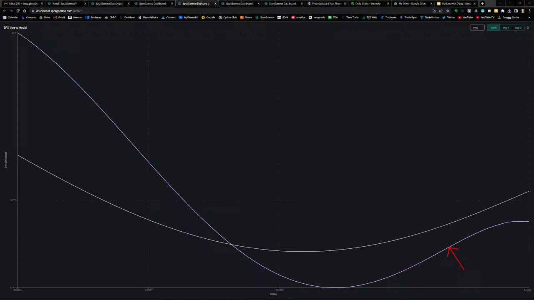first of all, if price increases, market makers will have less delta to hedge on the way up than shown by this delta only curve.